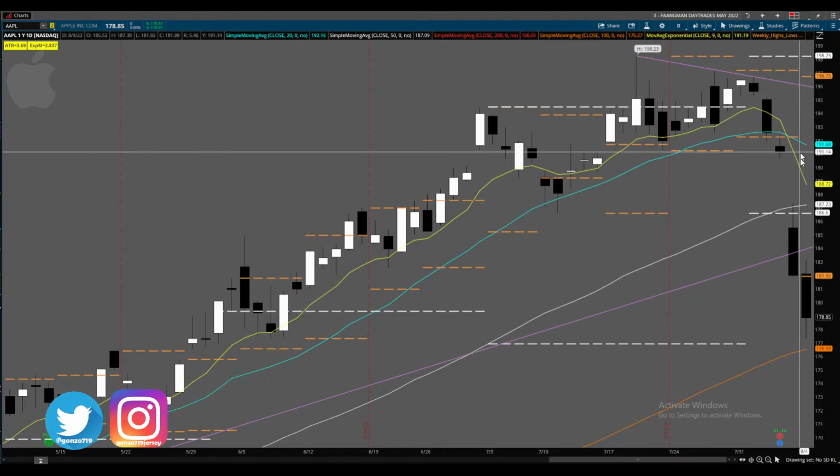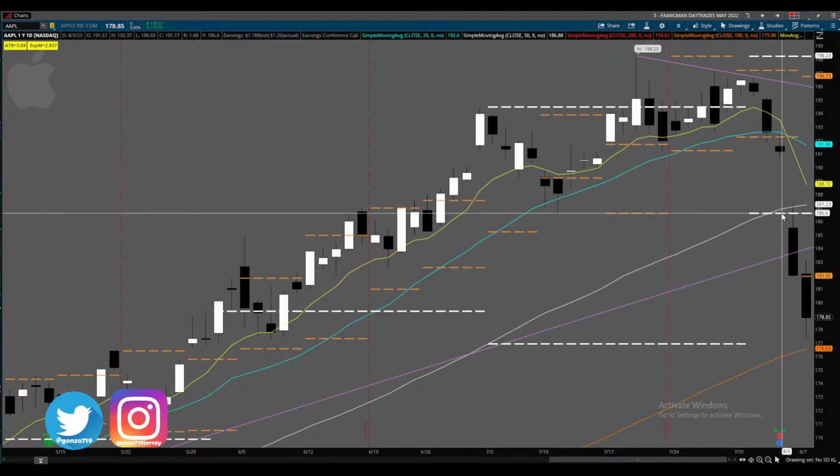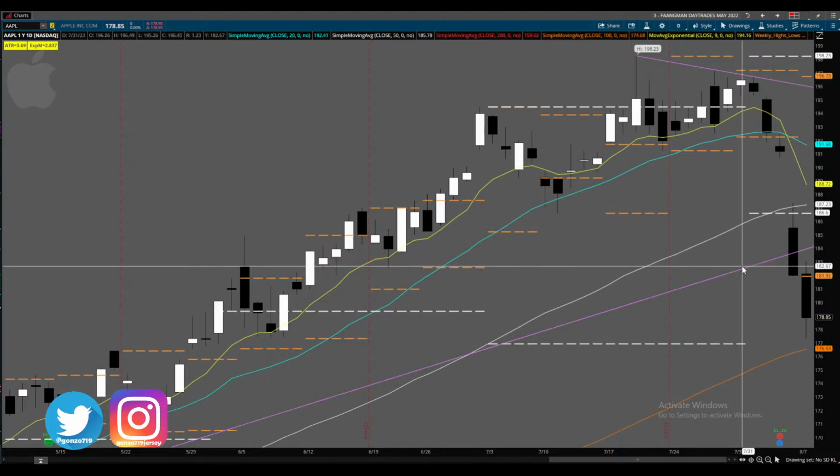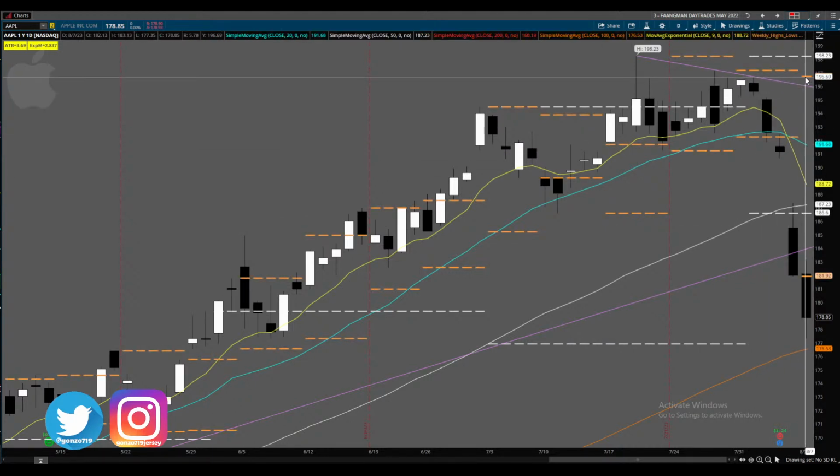I can already see on this daily chart that this is last week's, the white is month. So this is the month's highs and lows. I can also see last week's high and low.